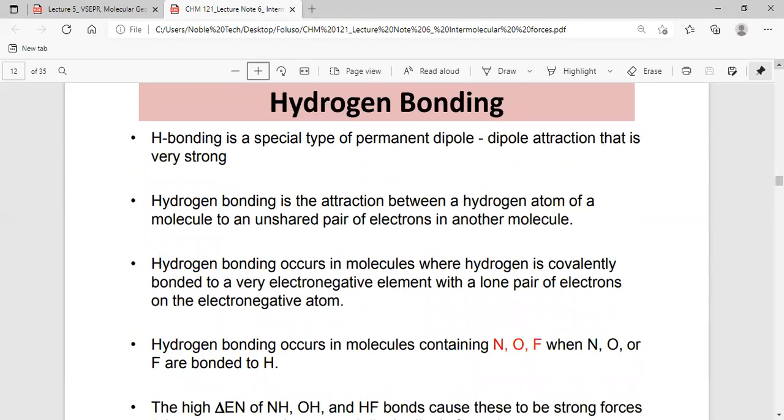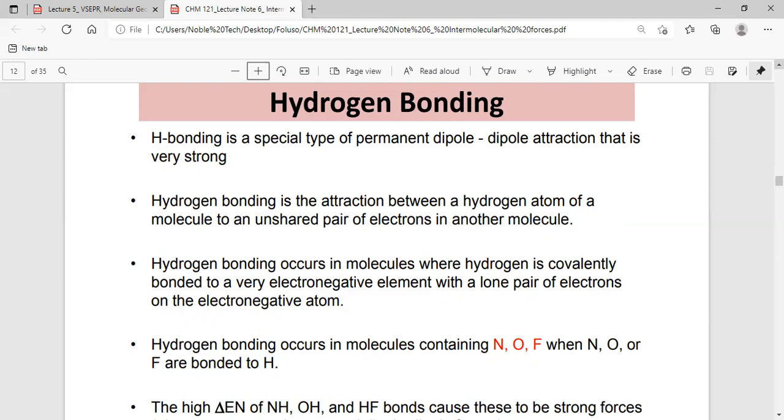Having established that, we want to quickly look at what happens in hydrogen bonding. Hydrogen bonding exists when you have hydrogen attached to electronegative elements such as nitrogen, oxygen, and fluorine.